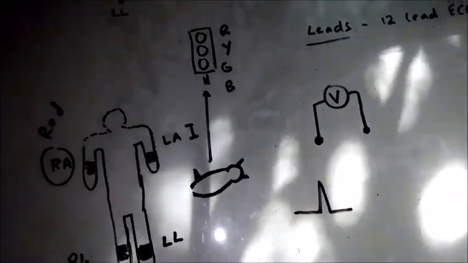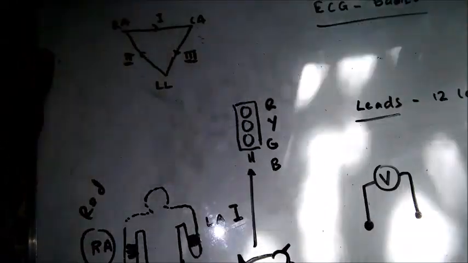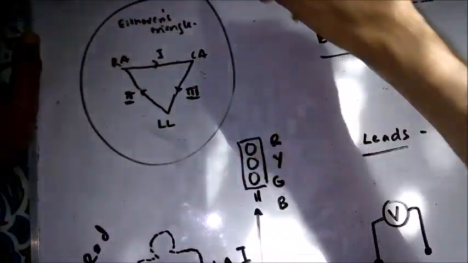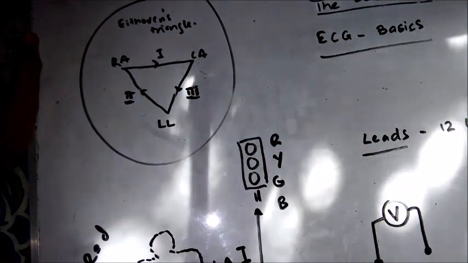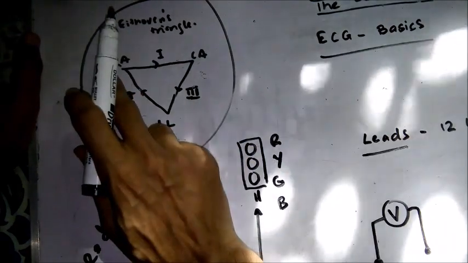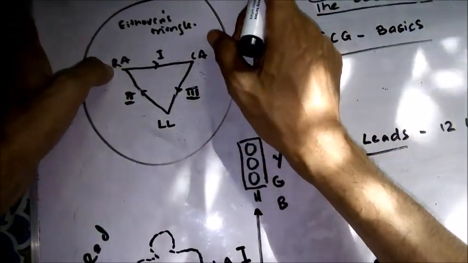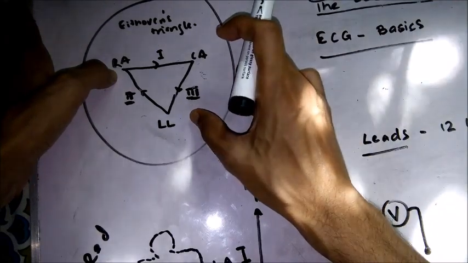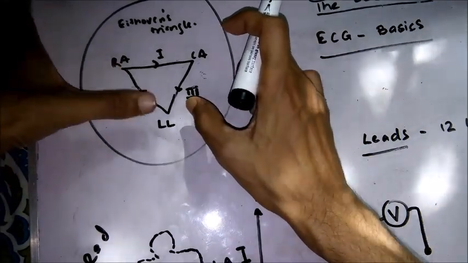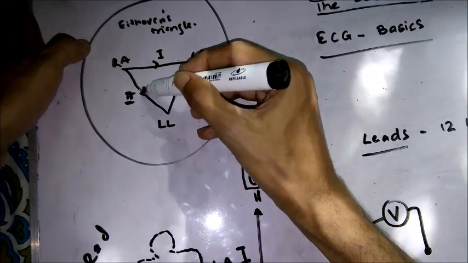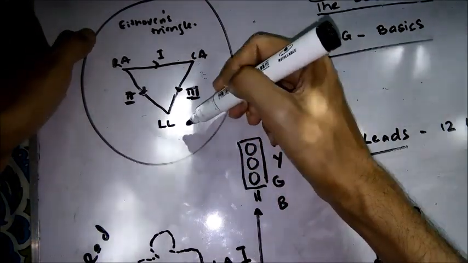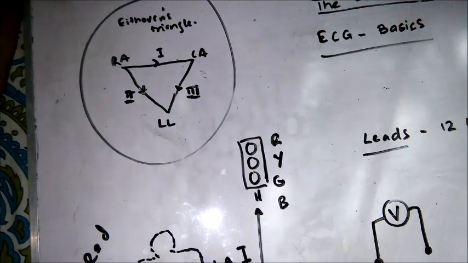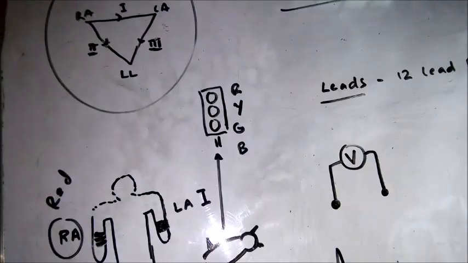And this is what can be represented by something known as the Einthoven triangle. In the Einthoven triangle, we have a comparison between the right arm and the left arm, and that's lead 1. Comparison between right arm and left leg is lead 2, and between left arm and left leg is lead 3. So this is how we actually get the leads.